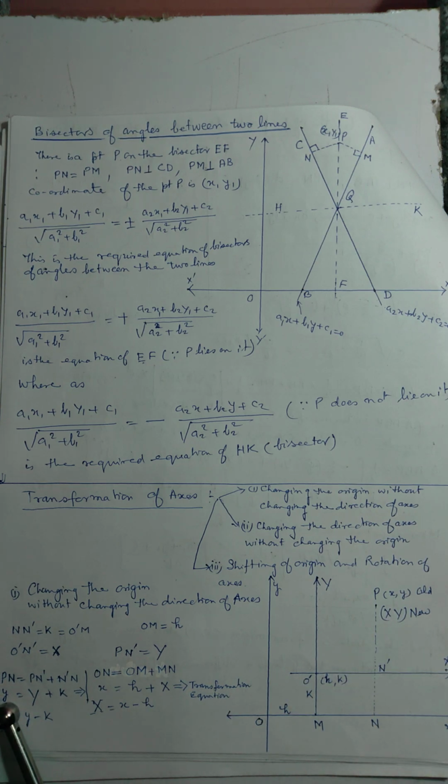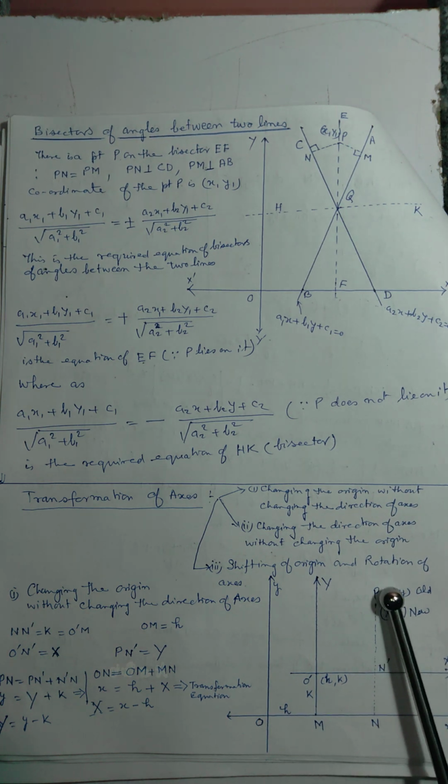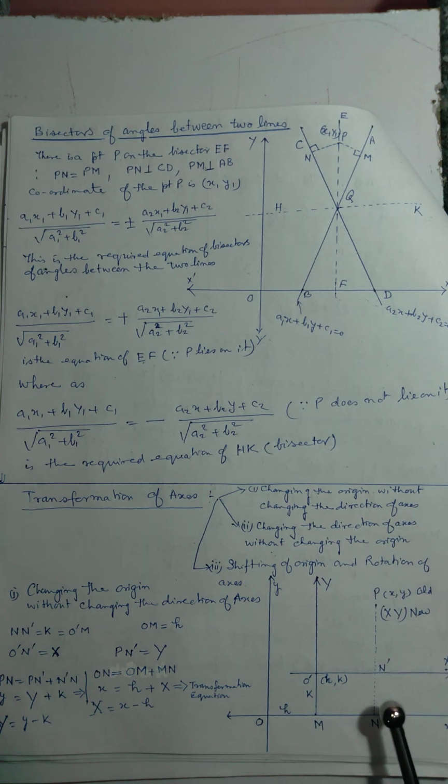So here you see PN, that is P to N, is equal to PN dash plus NN dash. And ON can also be written as OM plus MN.